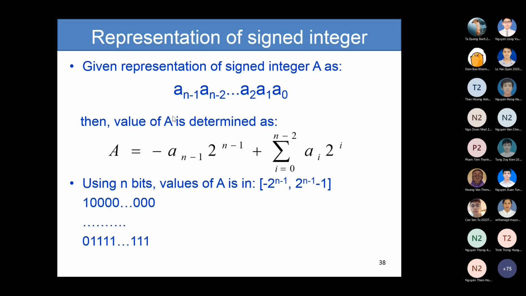But if we use n bits to represent a signed integer, because we use 1 bit for the sign, the values will range from minus 2 to the power n minus 1 for the negative until 2 to the power n minus 1, minus 1 for the positive. The same 2 to the power n different values, but a half for the negative and a half for the positive.